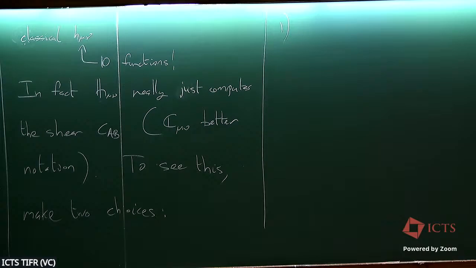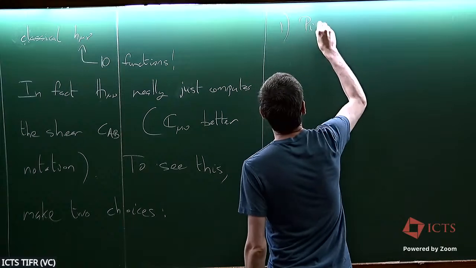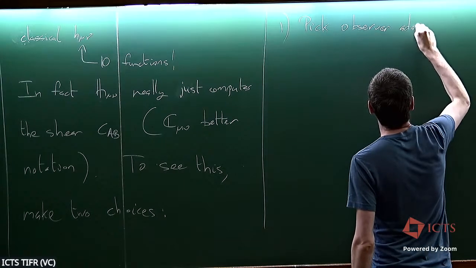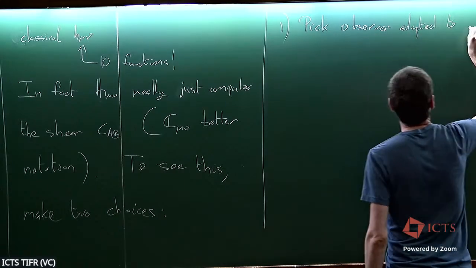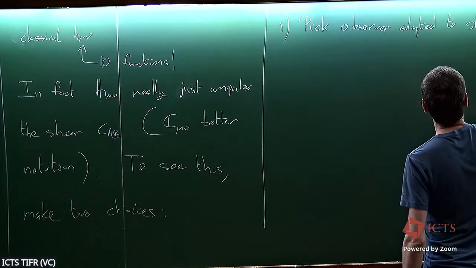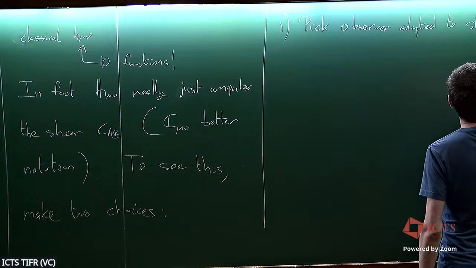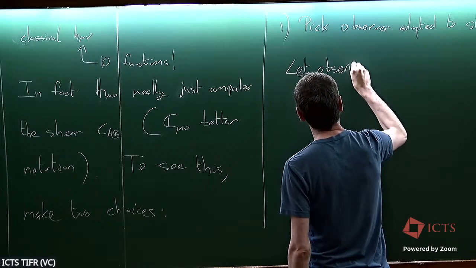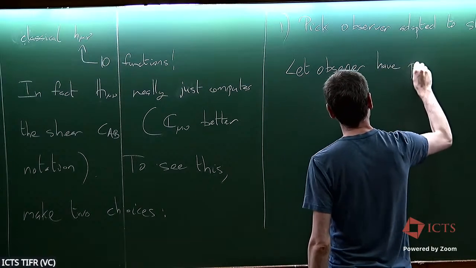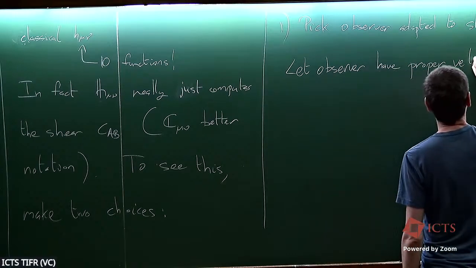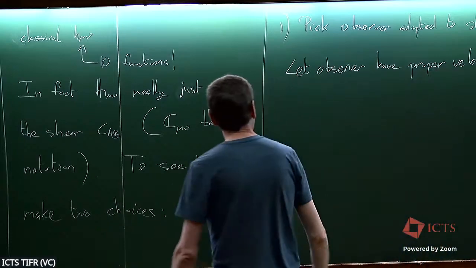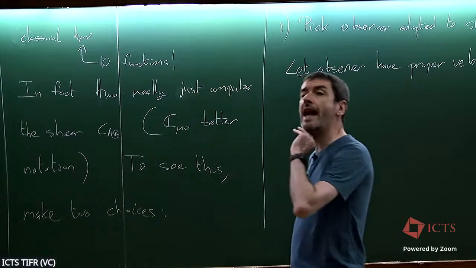So the coordinates I'll choose are coordinates for our observer, adapted to the stationary phase. I'm going to give my observer some proper velocity, which I'll call big U. Now, we had this vector n from before.